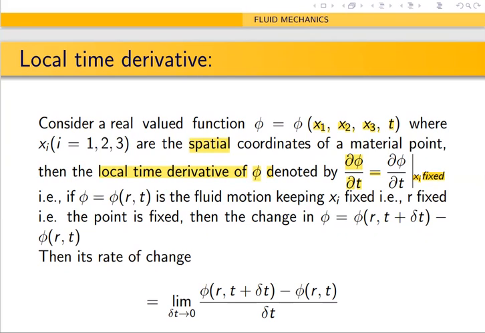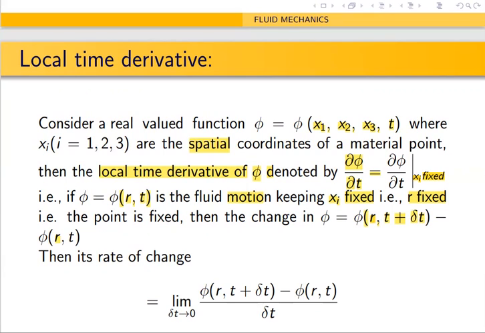If φ is a function of r and t in the fluid motion, keeping ξ fixed, that is r fixed, then the change in φ is φ(r, t+Δt) minus φ(r, t). Remember, r is fixed.